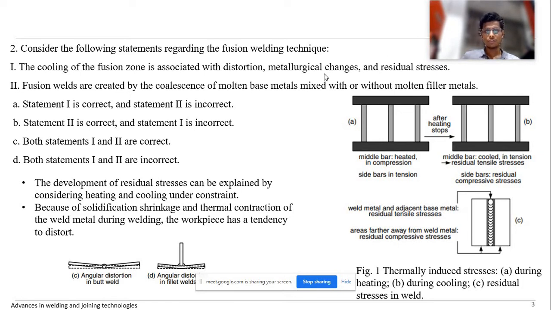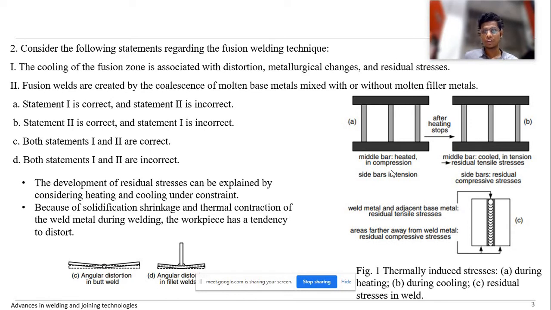Okay, first of all, we'll understand what residual stress is. Residual stresses are the locked-in stresses which are present in the component once the external load is removed. Basically, these are locked-in stresses when there is no external load on the component. That is the definition of residual stresses. Now we'll see how they are generated in a weld joint.